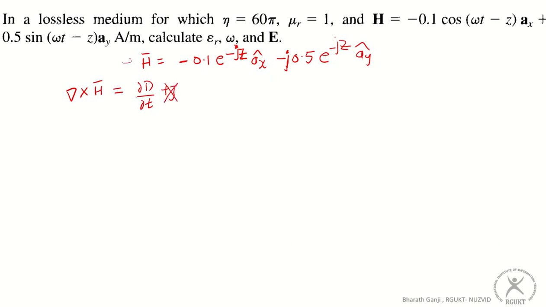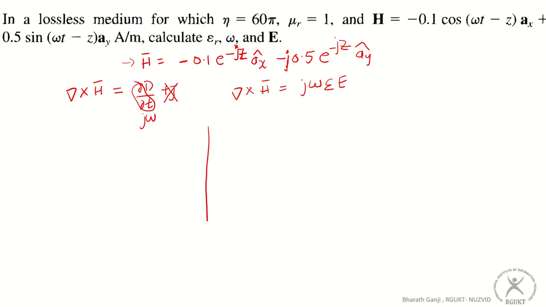In fact this equation is in phasor form, so dou by dou t should be replaced with j omega. So your Maxwell equation actually becomes: del cross of h bar is equal to j omega times of d, which is nothing but epsilon into electric field. So if you want the electric field, simply take the curl of the magnetic field.